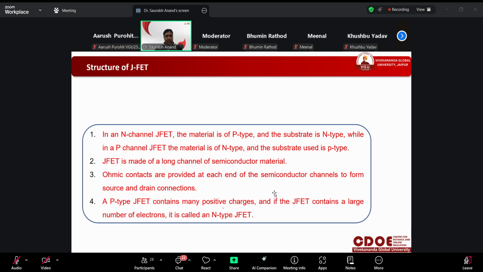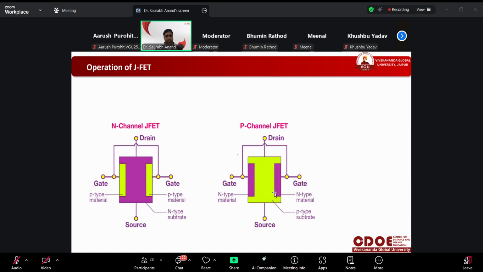So this is the structure. I'll go to this structure directly. This is the N channel, and this is the P channel. What is a channel? It is the path through which the electrons or holes will flow.